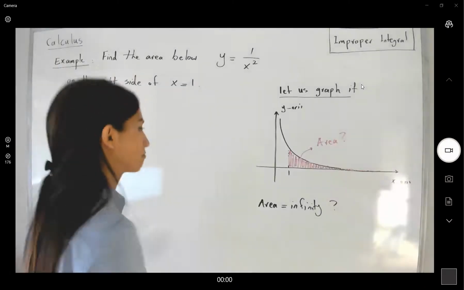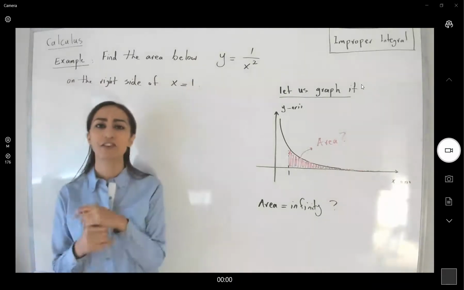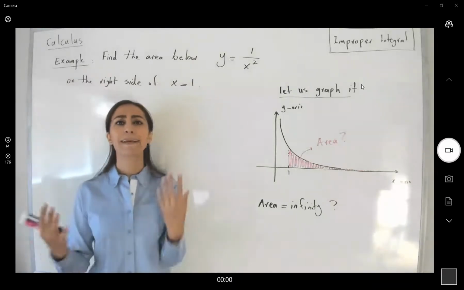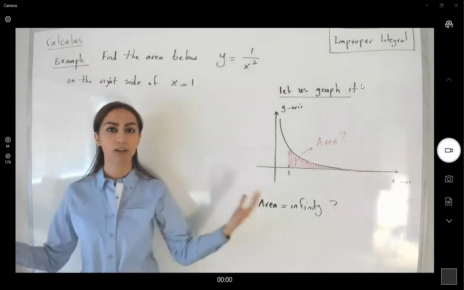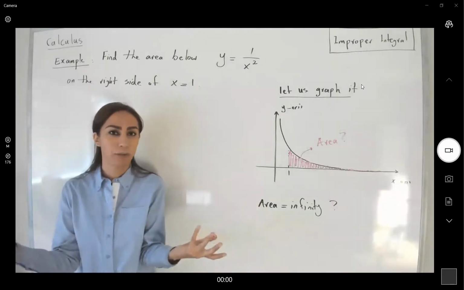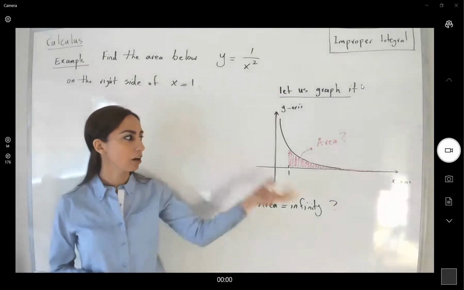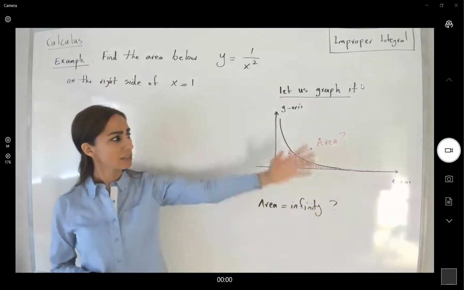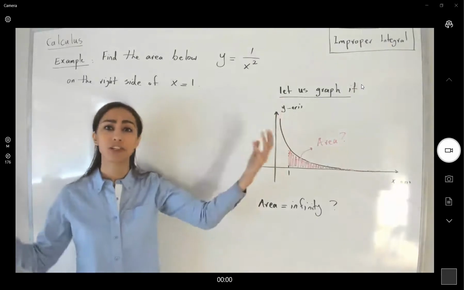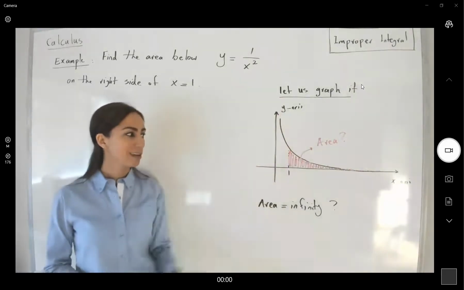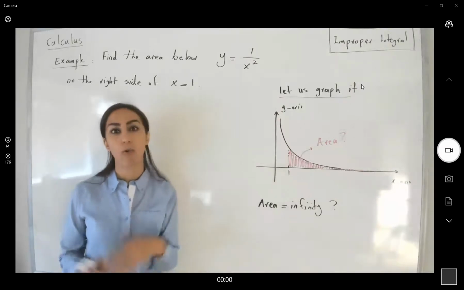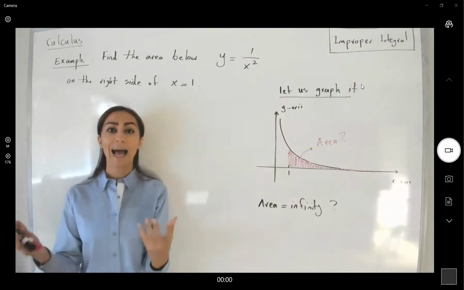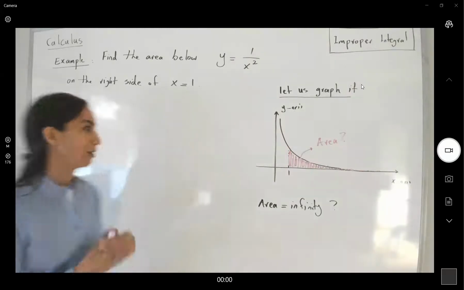Very well. So we are mathematicians. We learn about techniques of integration. Let us start calculating this integral. We're not just relying on visualization and intuition to say the area is infinity or it's not infinity. Let us actually calculate this area.